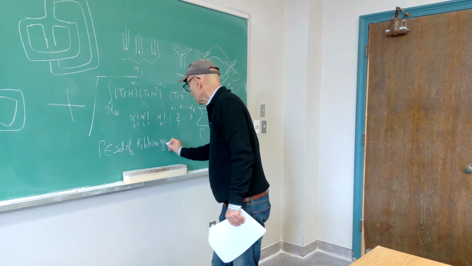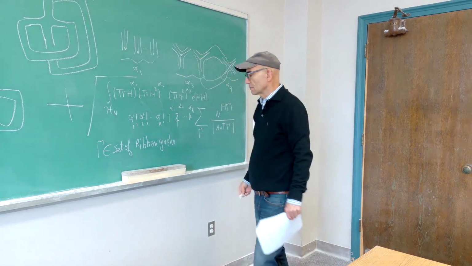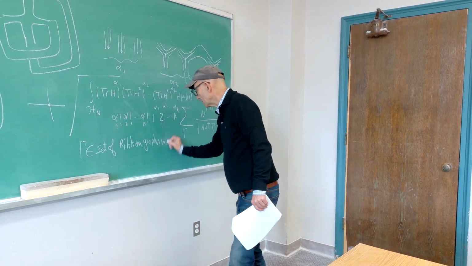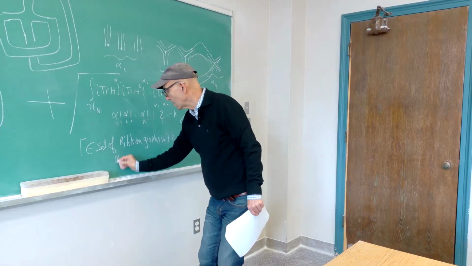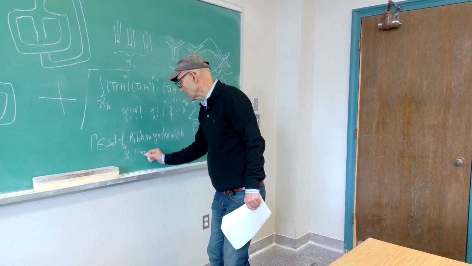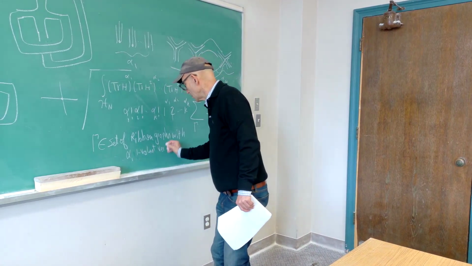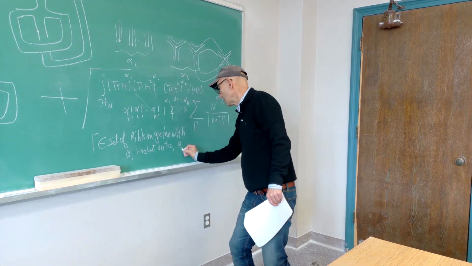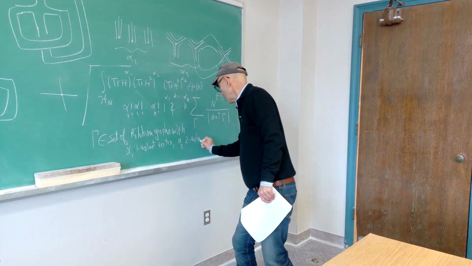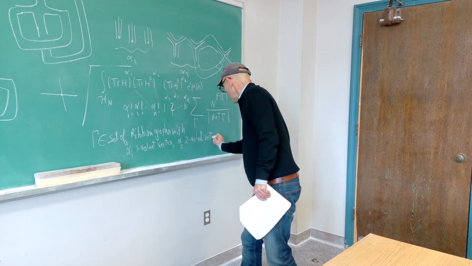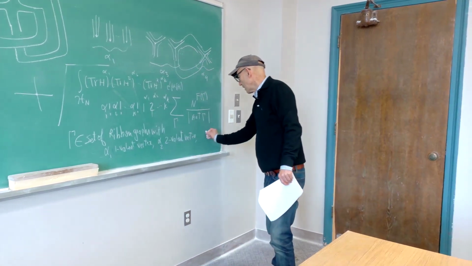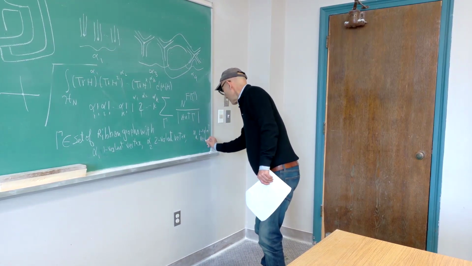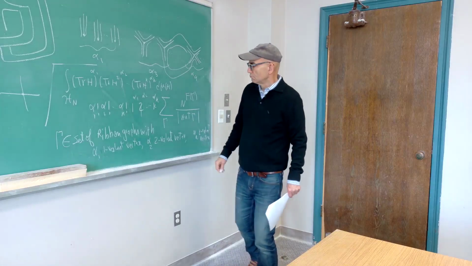ribbon graphs, which are again just oriented topological surfaces with boundary, with alpha 1 valent vertices, alpha 2 valent vertices, and then alpha k valent vertices.